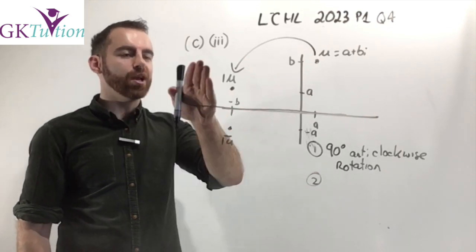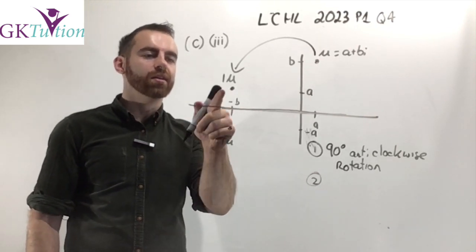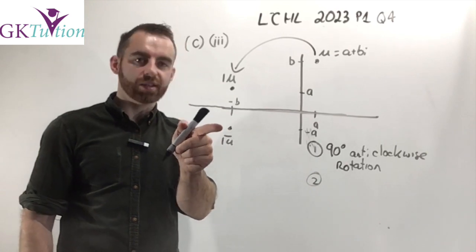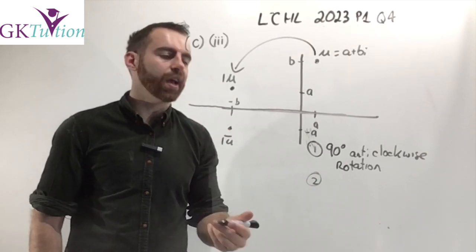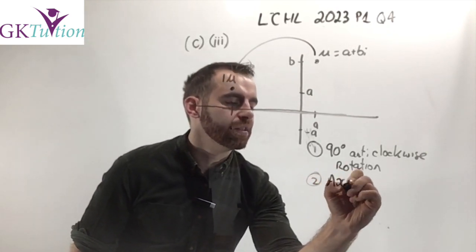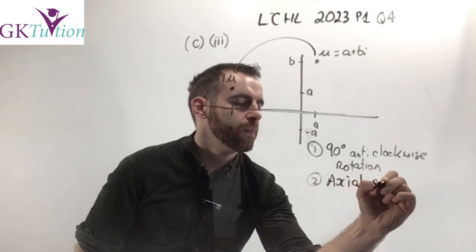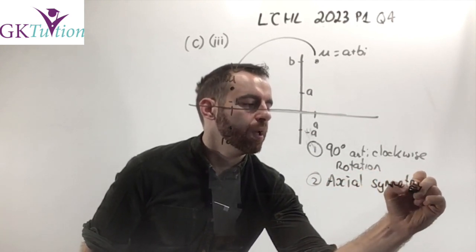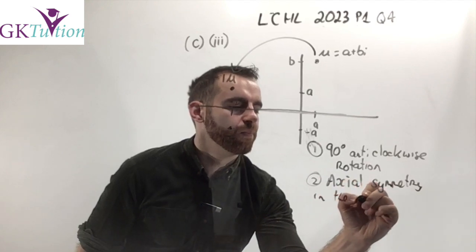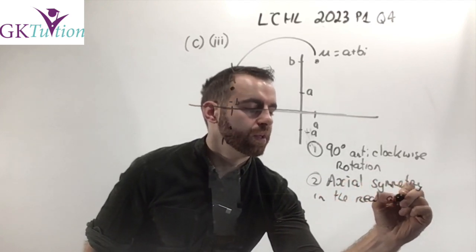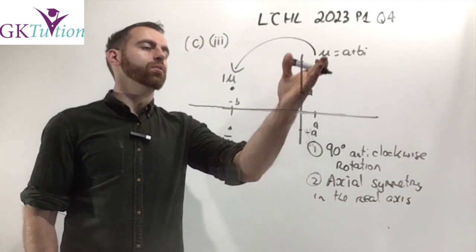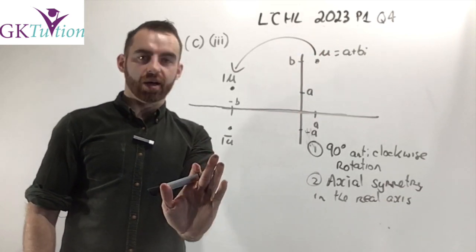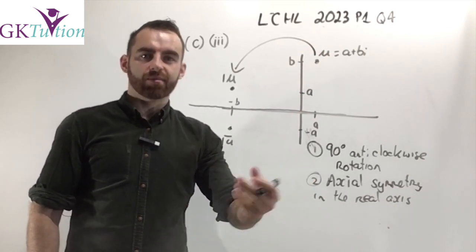Imagine if this was a piece of paper and I folded along this line, then iu would move to the conjugate of iu. So the second thing you would do then is axial symmetry in the real axis. So they're the two transformations we'd have to do to move u onto the conjugate of iu. And that's all you need to write down to get the marks for this question.